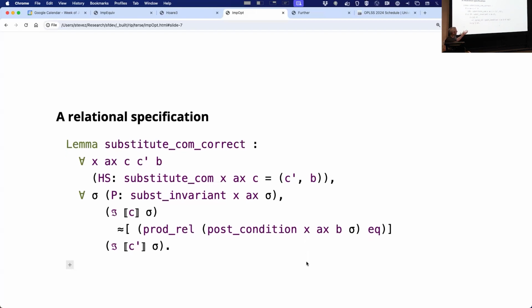The consequence is that this substitution is correct, and we can now rewrite C to C prime and use this postcondition to connect the semantics together.